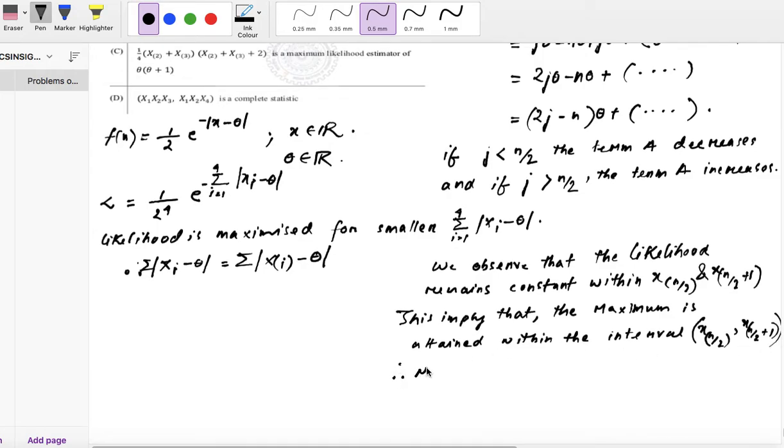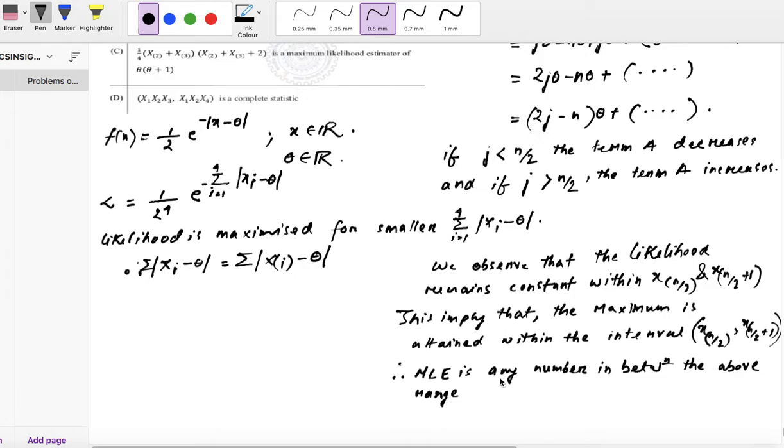Therefore the MLE is any number in between the above range.